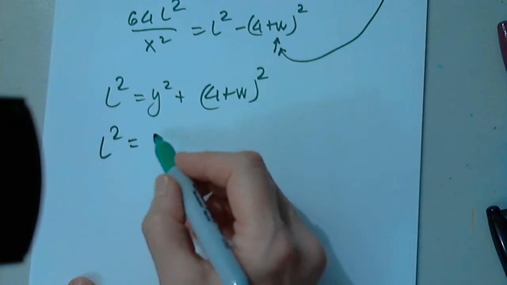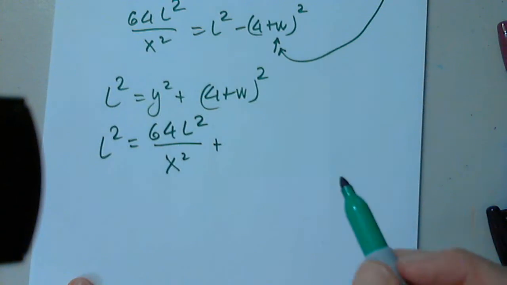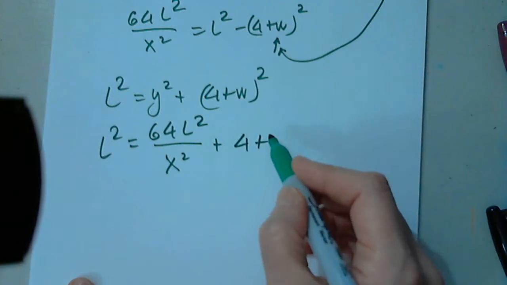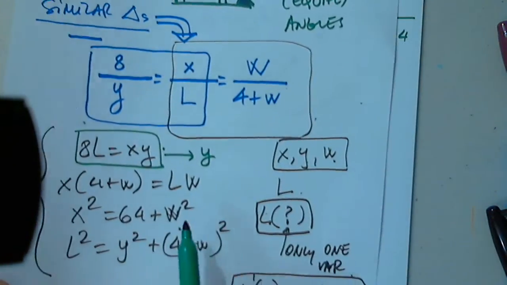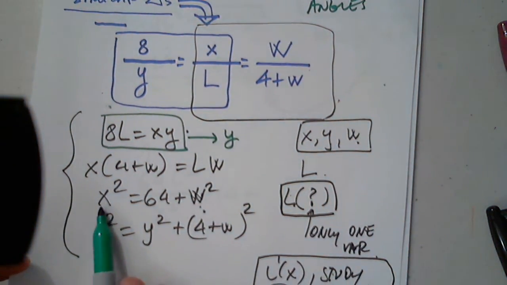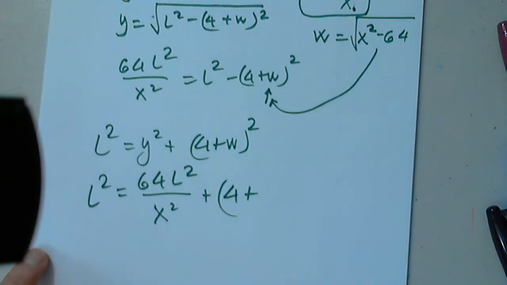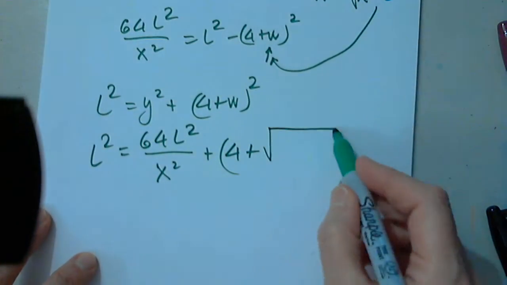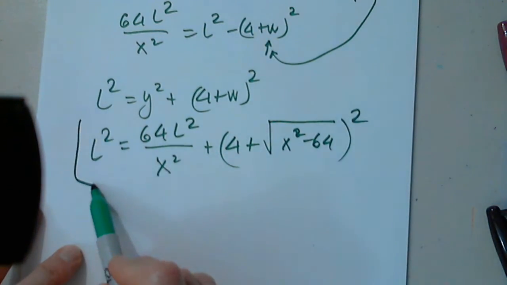That's even better. 64L squared over X squared plus 4 plus, and I replaced W from here as the square root of X squared minus 64. So then I have the square root of X squared minus 64, everything squared.